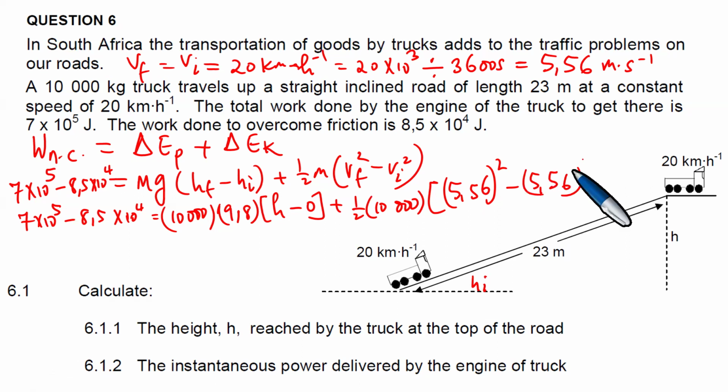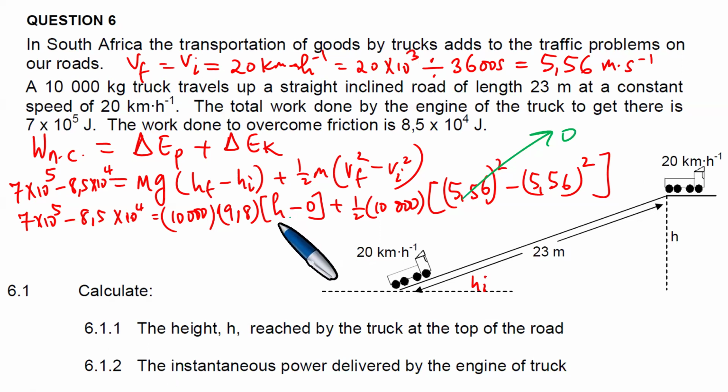These two are the same, so this is going to go to 0. So the change in the kinetic energy is going to be 0 because the speed does not change. It's 20 kilometers per hour, even when the truck reaches the top.